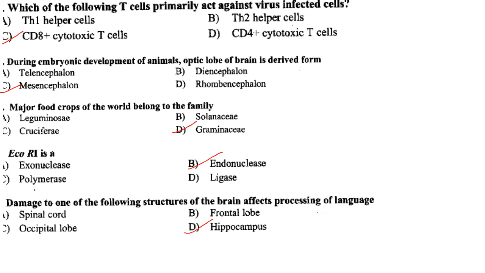Answer option C. Major food crops of the world belong to the family... So it is the Graminaceae family. Then EcoR1 is a restriction endonuclease. So answer here is option B, endonuclease.